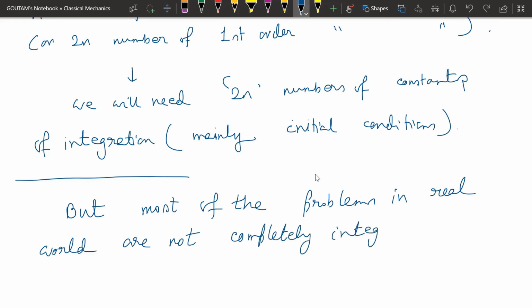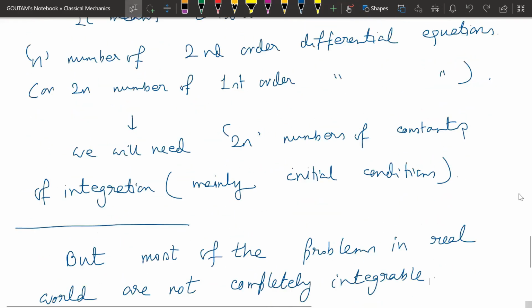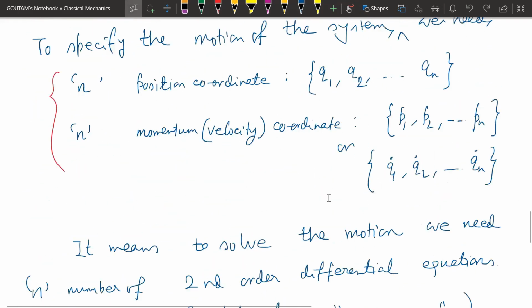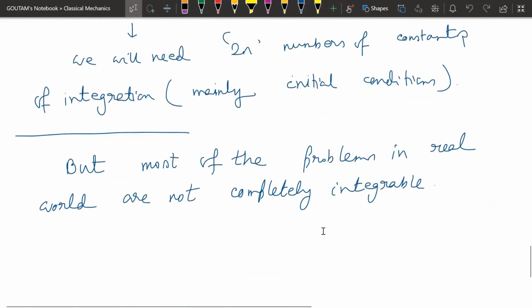So in that case, we will not find any precise expression for these coordinates, or we will not properly solve the problem actually.